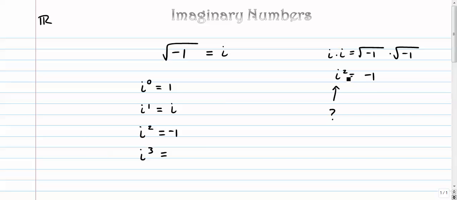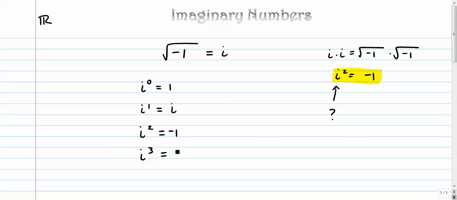It's not -1, it's not +1, it's a fake made-up number, it's imaginary. So i squared by definition is -1, and I think that's the really key definition to understanding imaginary numbers, that somebody made up a number such that when you square it, it's equal to a negative number.